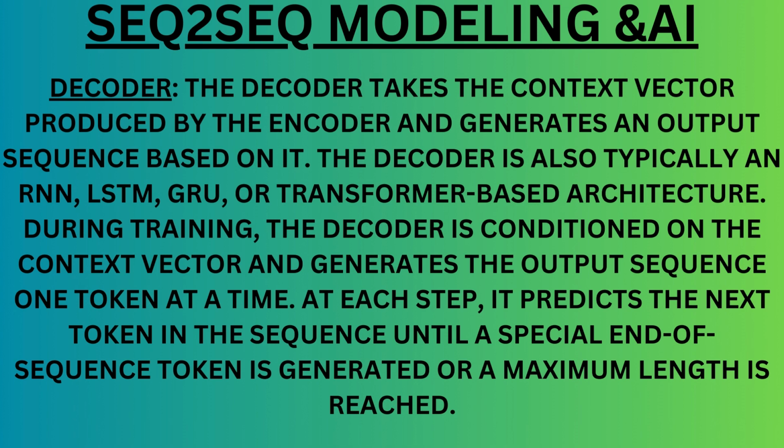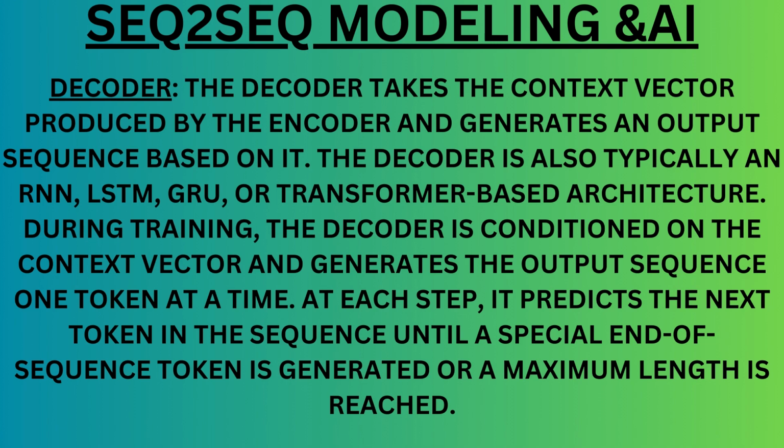Decoder. The decoder takes the context vector produced by the encoder and generates an output sequence based on it. The decoder is also typically an RNN, LSTM, GRU, or transformer-based architecture.